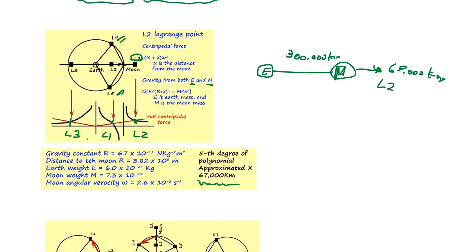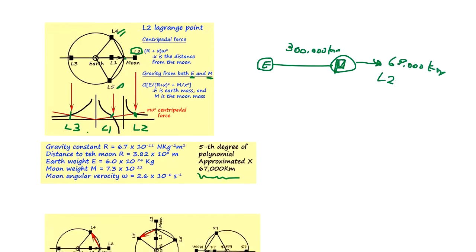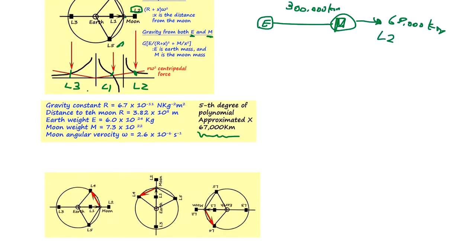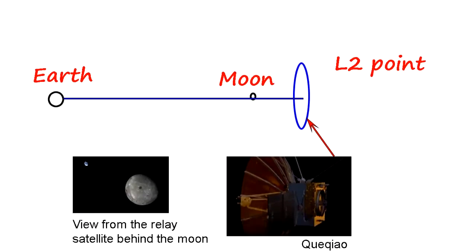Now this is important because, 300,000 kilometers away, 67,000 kilometers, in order to keep the balance, we put the satellite here.